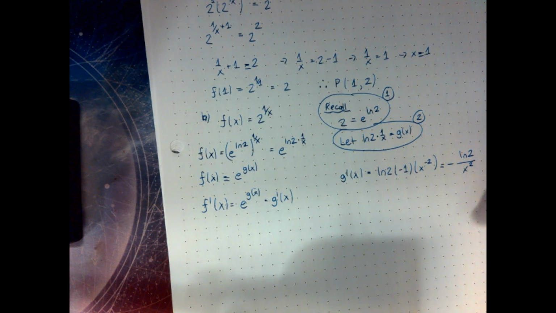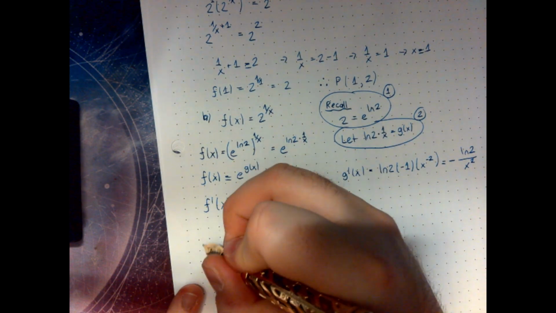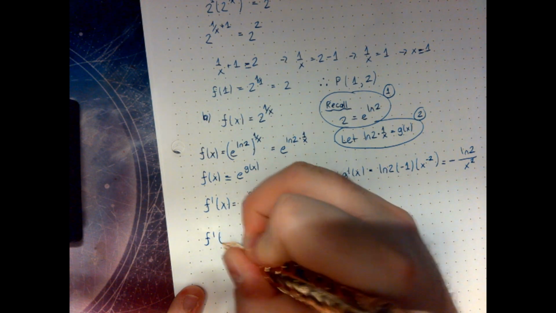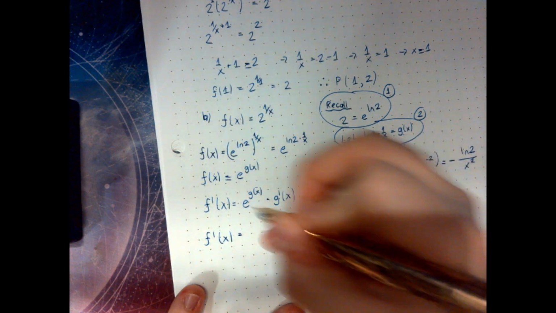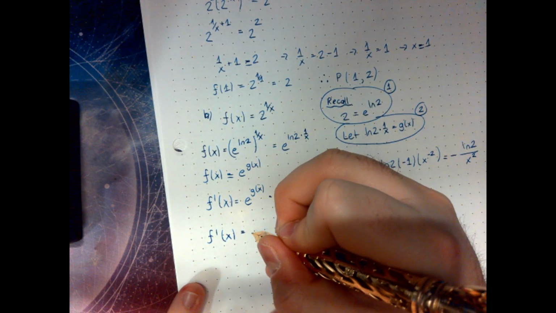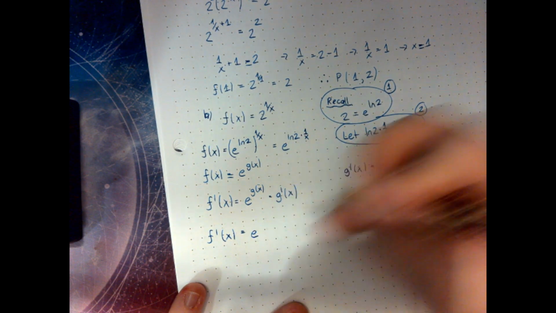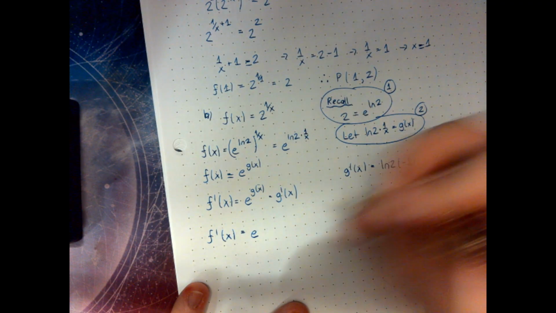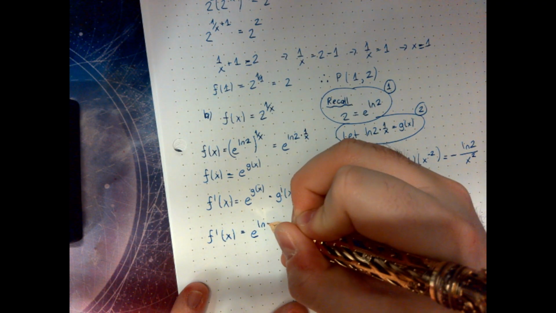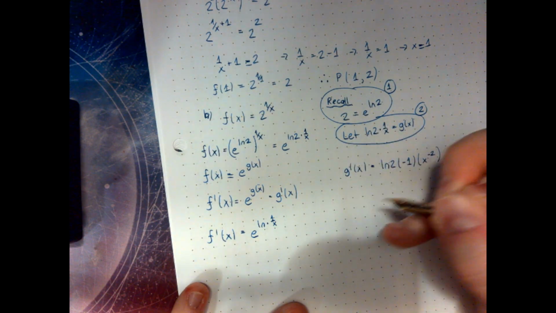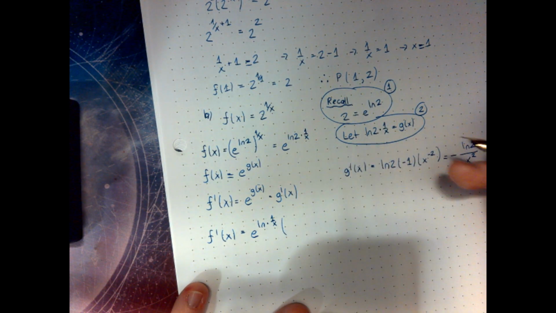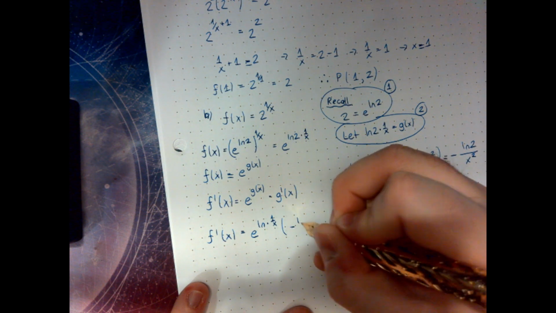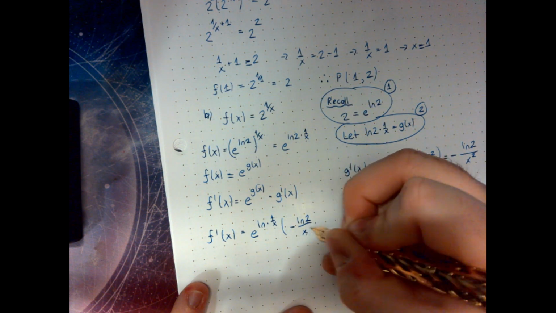And now I can put all my ingredients back together. So f prime of x is equal to e to the g of x. e to, what do we say g of x is going to be? ln of 2 times 1 over x, multiplied by negative ln 2 over x squared.